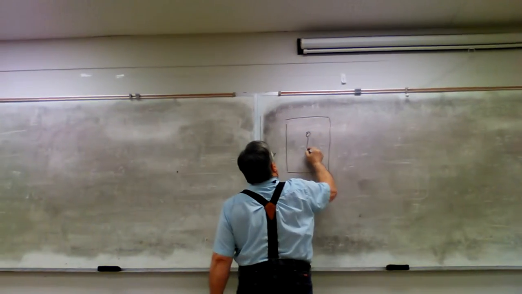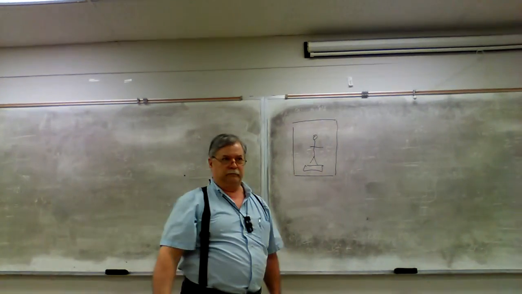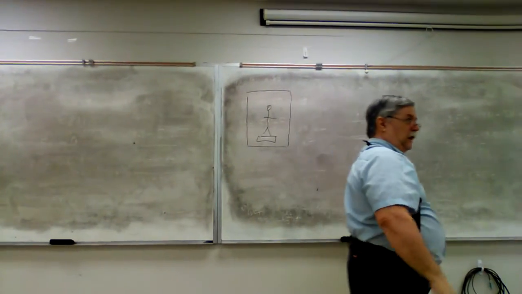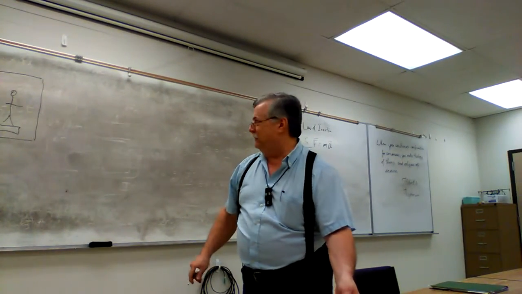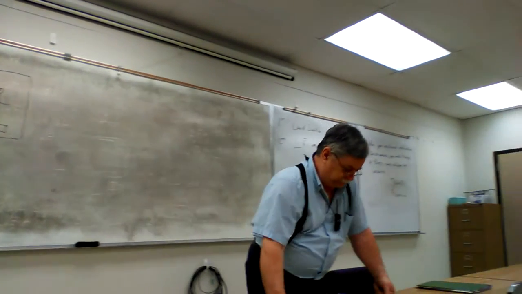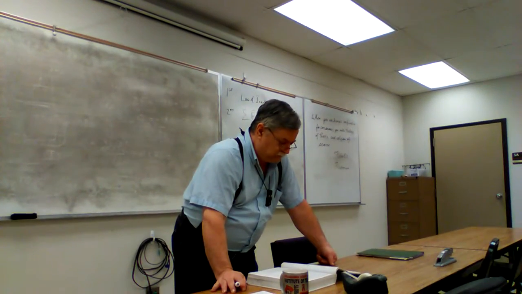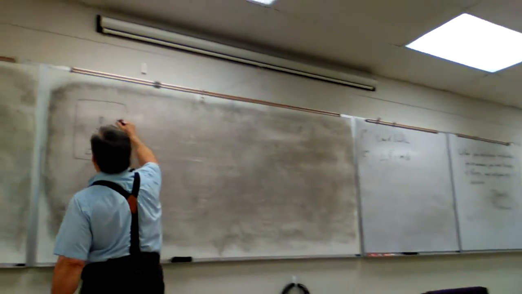You've got a person standing on a scale in an elevator. You're going to laugh at my drawings on your own time. How much does this person weigh? Say that it's a 65 kilogram occupant.